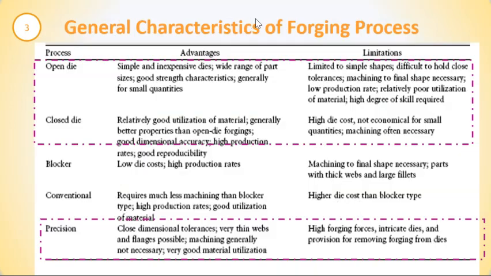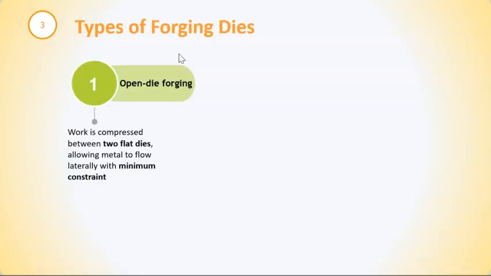We can classify into a few processes, but we're going to focus on open die, with its advantages and disadvantages, and then also closed die. Another one is the precision die, also known as the flashless die. These are the three types of forging that we're going to focus on. The first one is the open die. Work is compressed between two flat dies. This is the diagram.